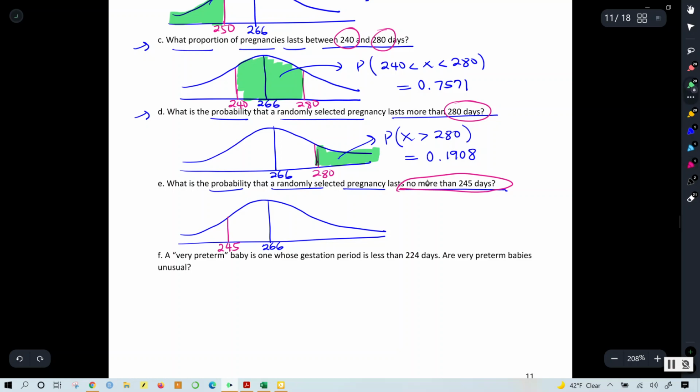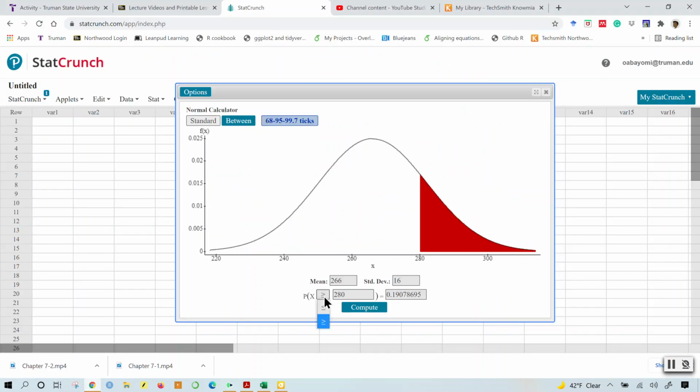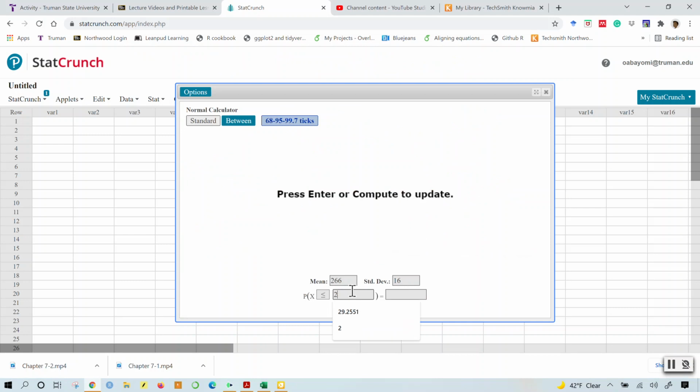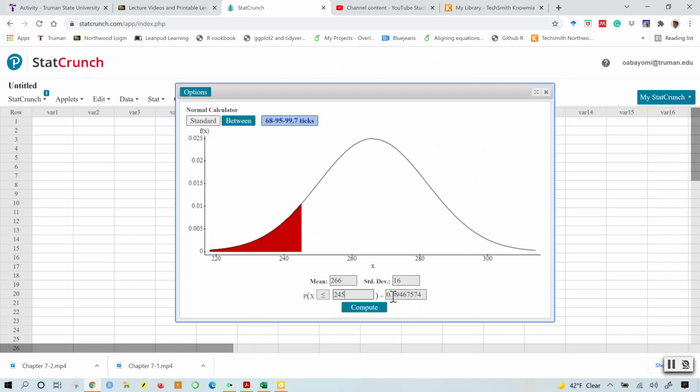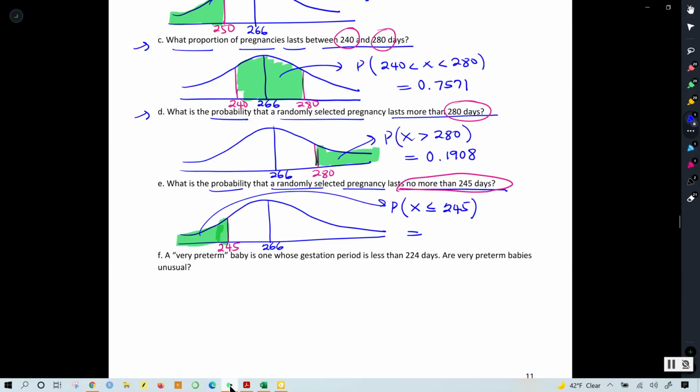That will be the region where the greatest value is 245, from 245 and below. So I want the probability of x less than or equal to 245, and going back to StatCrunch, I want less than or equal to 245, enter. So you have 0.0947.